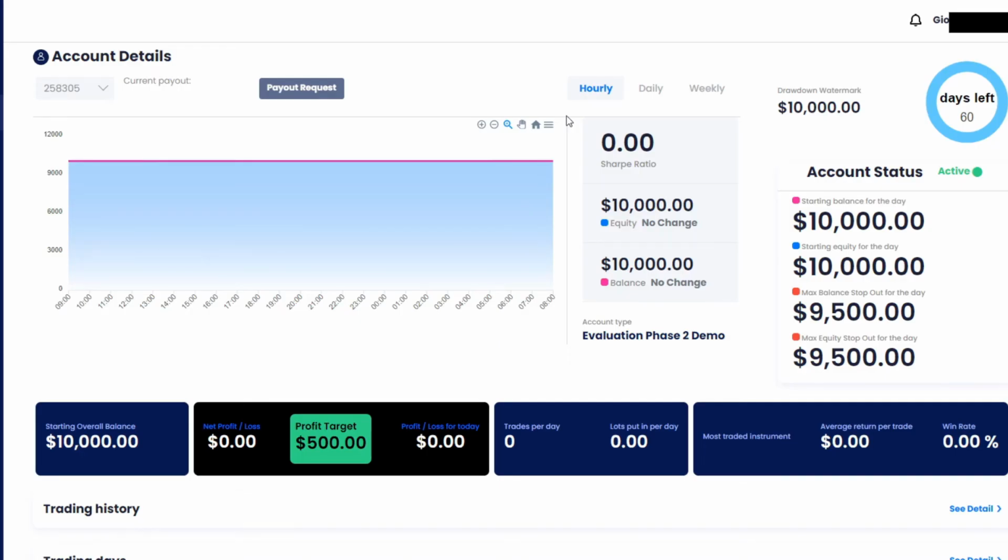So I passed that challenge, and now, as you can see over here, I am trading the verification account. Yeah, as soon as I place the trade, then this is activated. And I'm really looking forward to the verification phase. I need to make 5% in 60 days.